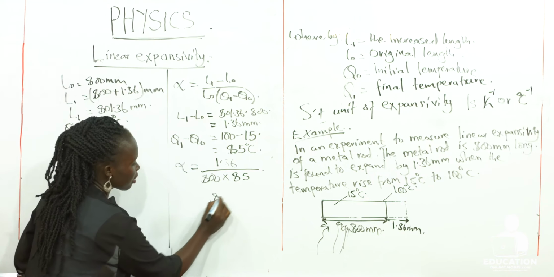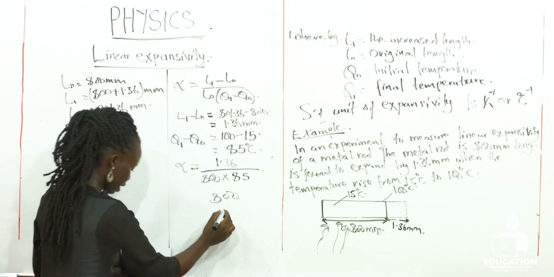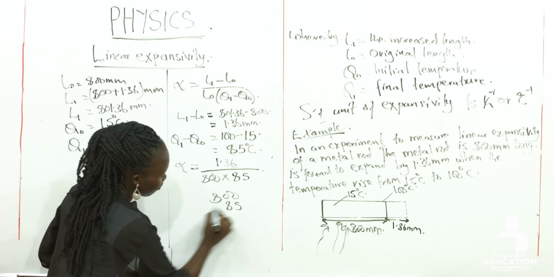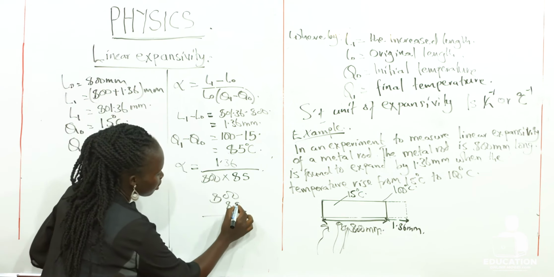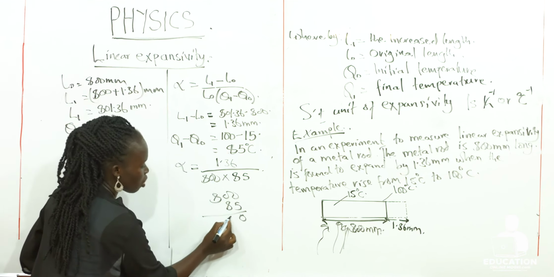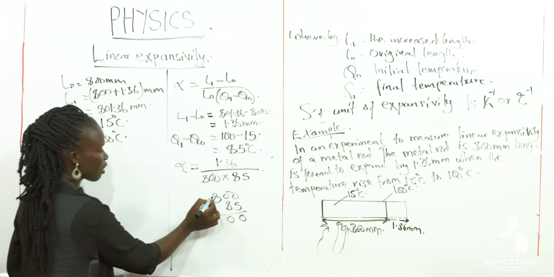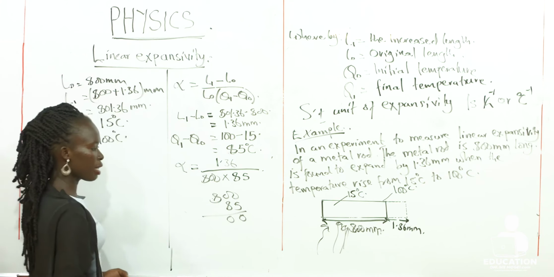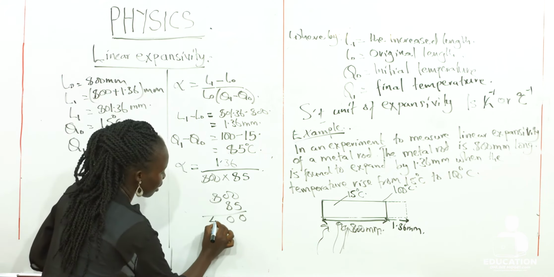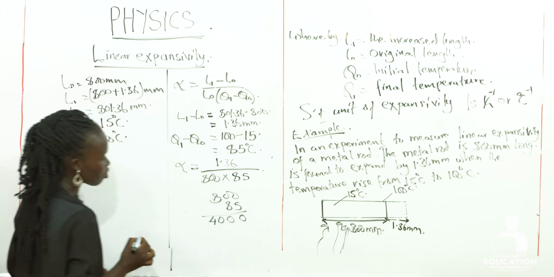We have our 800, we are multiplying it by 85. So we shall have 0 times 5, which will give us 0. 5 times 0 is 0. And then 5 times 8, what shall we have? 5 times 8 will give us 40.